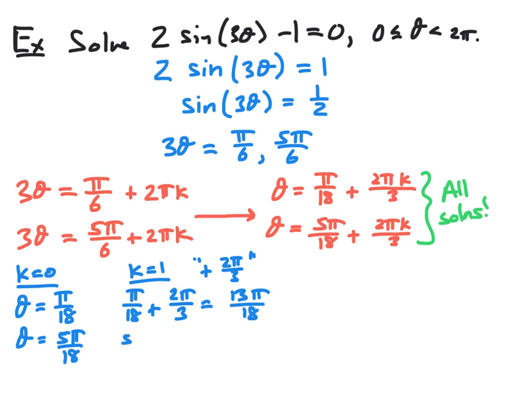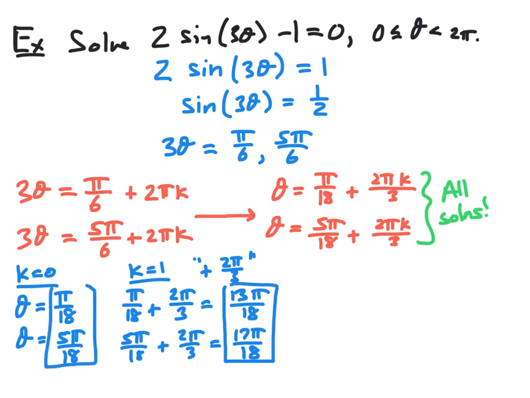And our second angle will be 5 pi over 18 plus 2 pi over 3, and this will give us 17 pi over 18. And so we get these two angles here as well.